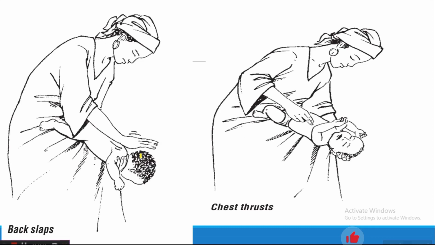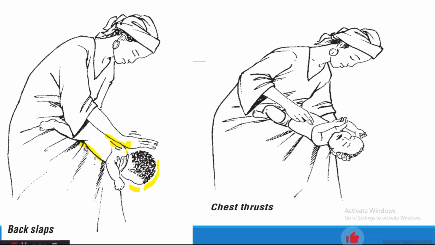Let me show you here. So you place the child on your thighs in a downward head position, and then you give 5 blows to the back of the infant with the heel of your hand. This is the heel of your hand. Okay.